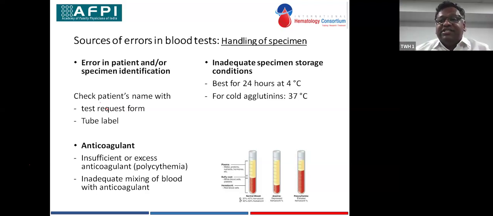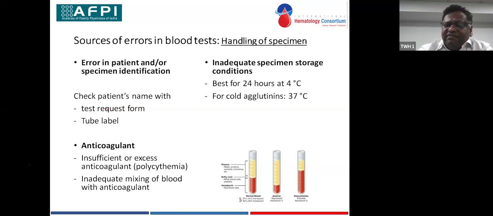We pre-warm the syringe and needle, and the vacutainer, at 37 degrees. Otherwise, if I take a standard syringe and needle, as soon as the patient's blood flows into that syringe, it will agglutinate. But it does not agglutinate in the body, because the body is at 37 degrees.